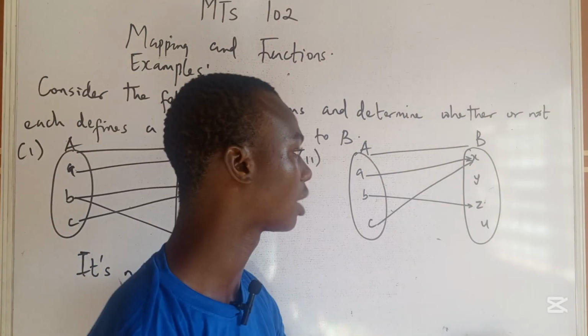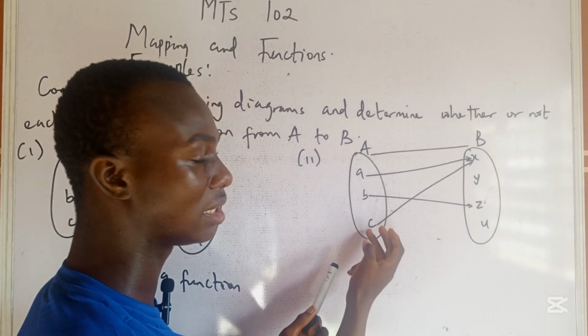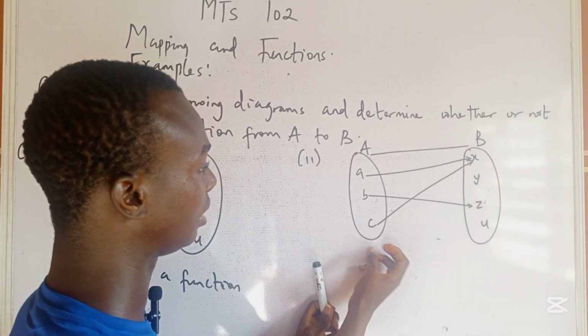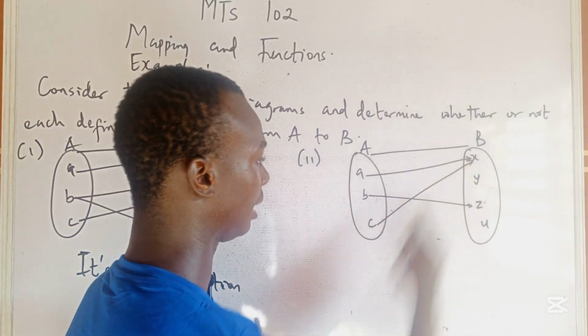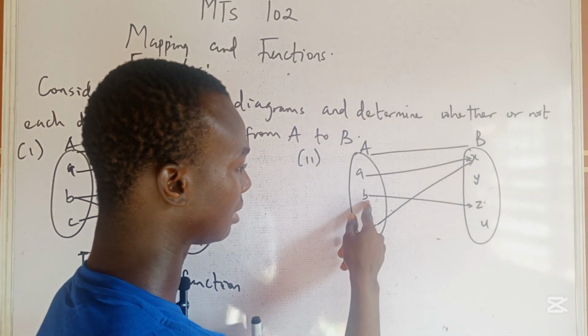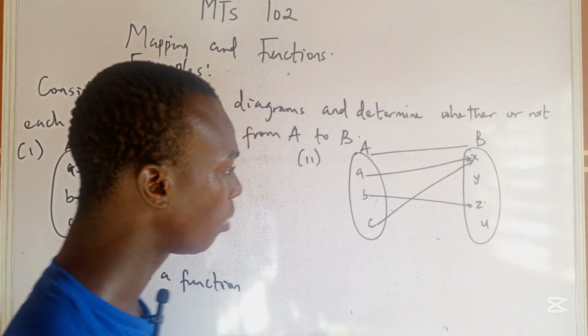Let's consider the second question. All the elements in the domain, that is the pre-images, we have them here. Now look at this. A has image X. B has an image Z. C has an image X. What do you notice about this now?